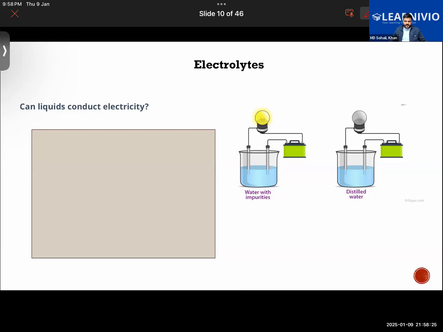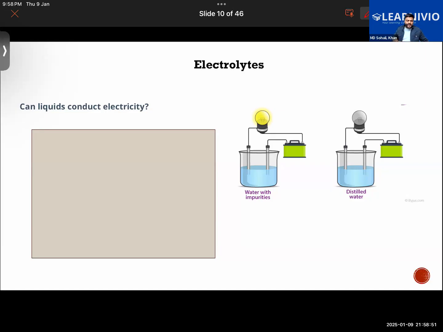No. It's false. There are certain liquids through which it can flow, but it depends on the type of the liquid and the presence of impurities in it. What kind of liquid this is and what kind of impurities are present in it.